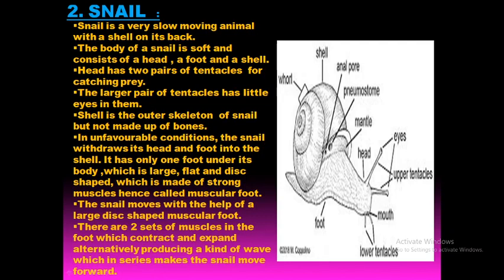Now, how does it happen? There are two sets of muscles in the foot of the snail which contract and expand alternately, producing a wave effect running from the back to the front, and a series of waves in the muscle of the foot makes the snail move forward.